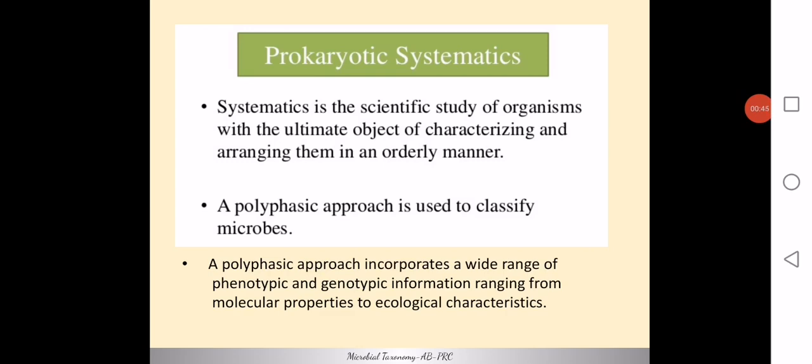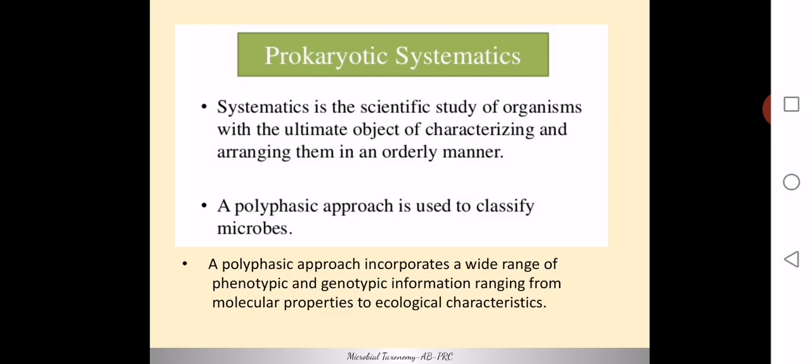Usually, prokaryotic systematics or prokaryotic taxonomy is a little complicated when compared to higher-level organisms because of their microscopic nature and the difficulty of observing different characters, and hence taxonomists usually follow a polyphasic approach for the classification of microorganisms.